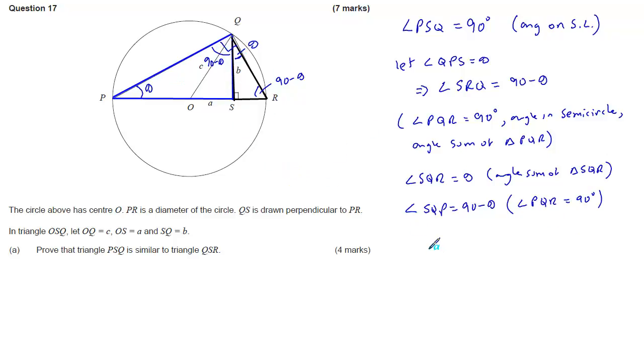And now if we look, we can see that the angles of this one are theta, 90, and 90 minus theta. For this one, it's theta, 90, 90 minus theta. So therefore, triangle PQS is similar to triangle QSR, and that's because the angles are the same.